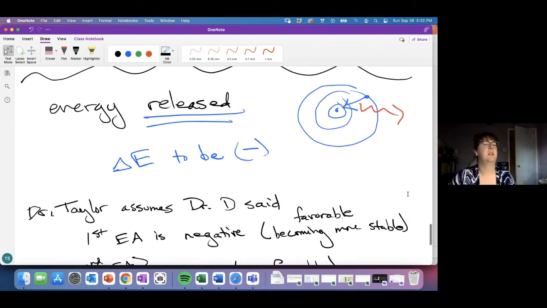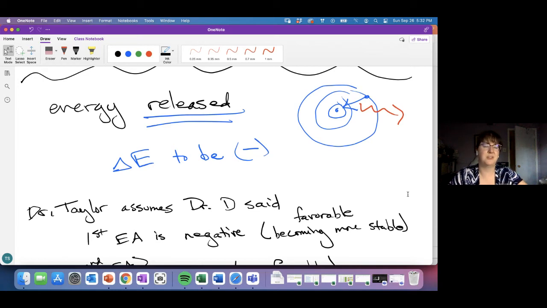to be consistent with the other messages that we've already given you about energy and the fact that whenever energy is released, it's a negative value. In my class, I got a lot of questions about ionization energy and electron affinity. And frankly, I ran out of time.